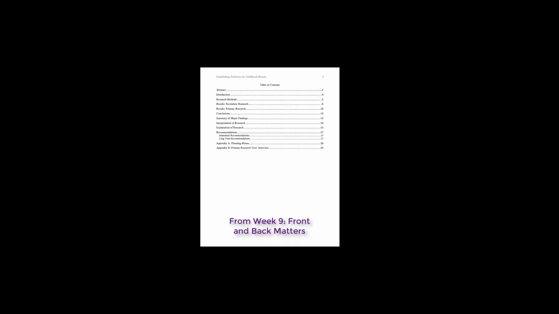In week 9, you will be working on something known as front and back matters. This comprises the title page, an abstract, a table of contents, and an introduction, which is also known as the problem statement.